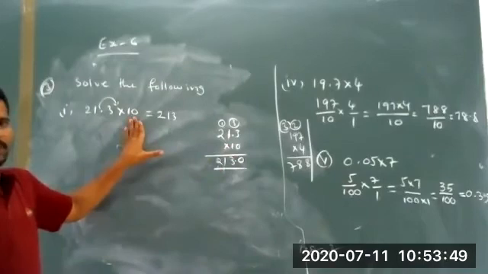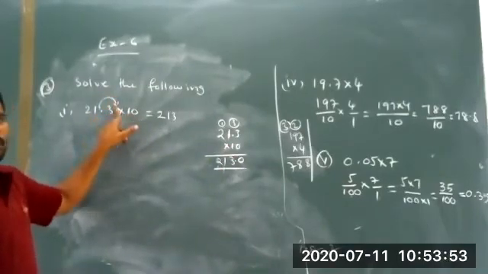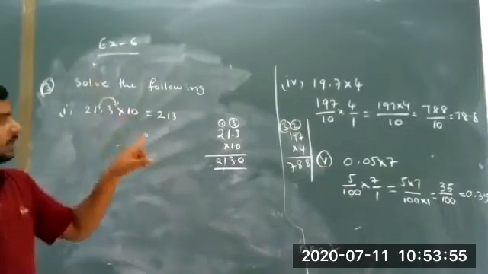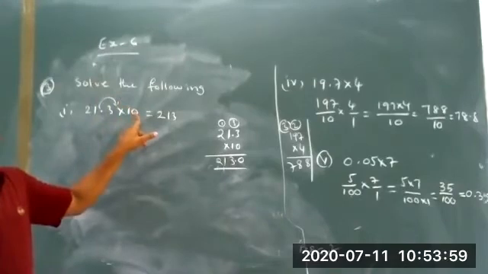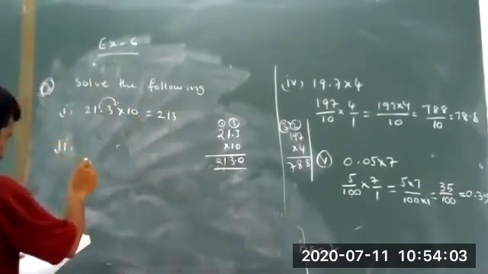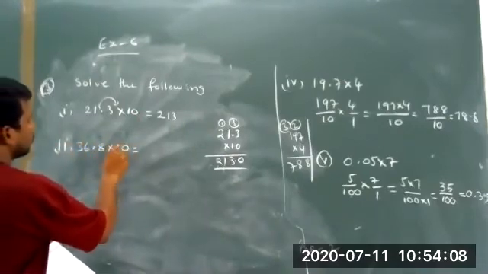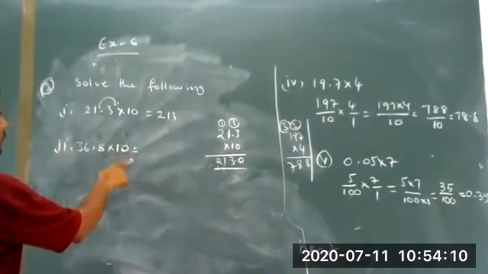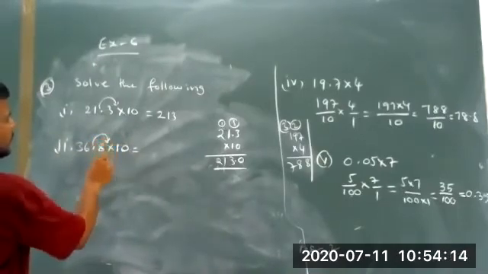This is the easy process. Here 10 is given, so the decimal point moves to the right side one digit. Here 100 is given, so move the decimal point two places to the right side. Next problem. 36.8 into 10. So this decimal point moves to the right side one digit.